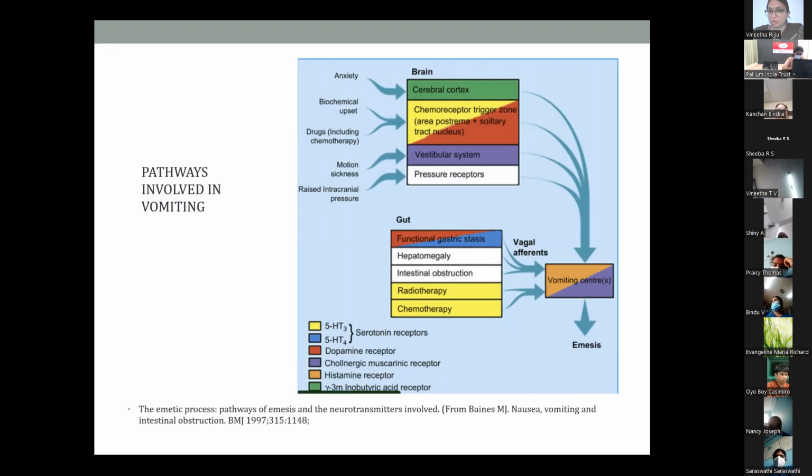Okay, chemoreceptor trigger zone. And this will again send a signal to the vomiting center. Okay. And this is the same place where chemotherapy drugs also go and act. They also trigger the receptors over there.